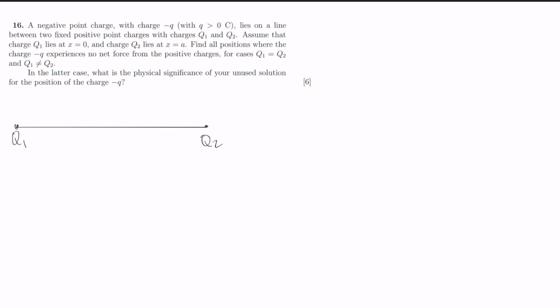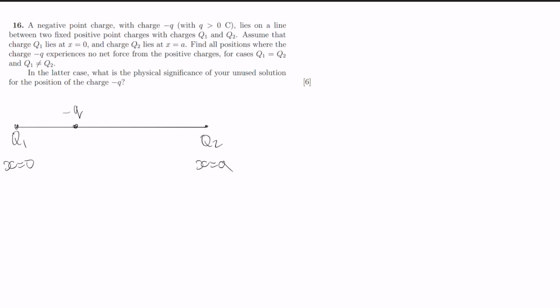Okay. The negative charge minus Q is going to lie somewhere here. Assume that the charge Q1 lies at x is equal to 0. So we can say that this line here is x is equal to 0. And then the other one lies at x is equal to a.